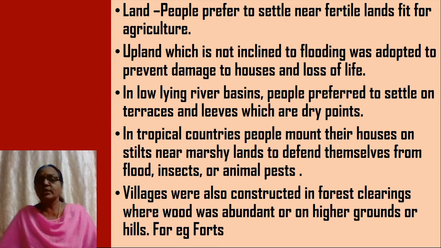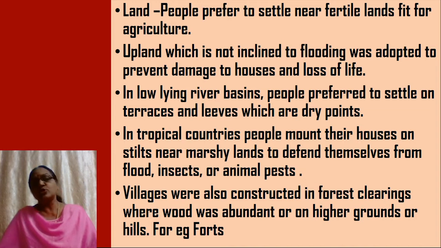Upland, which is not inclined to flooding, was adopted to prevent damage to houses and loss of life. So normally people prefer to live along the upland regions because these regions are not prone to flooding.